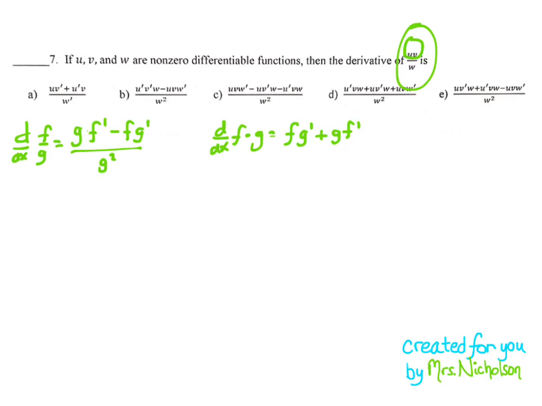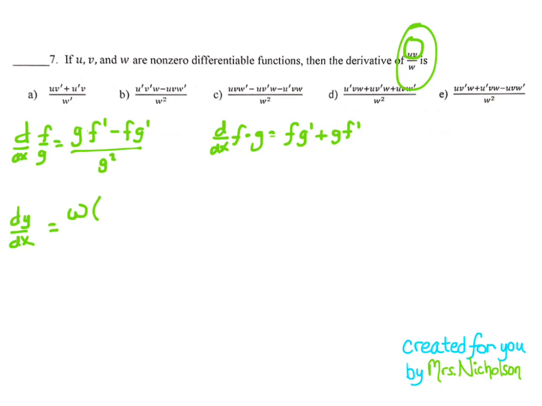All right, so let's start working on our derivative. For the quotient rule, we're going to start out with g times f prime, and the g, that's the denominator, which is w, times f prime. Now f is equal to u times v, so here's where I have to do the quotient rule.